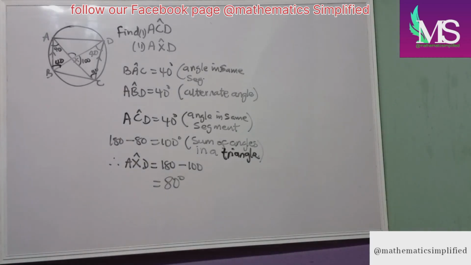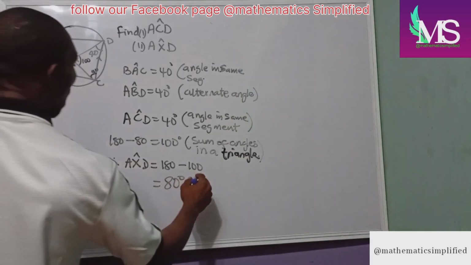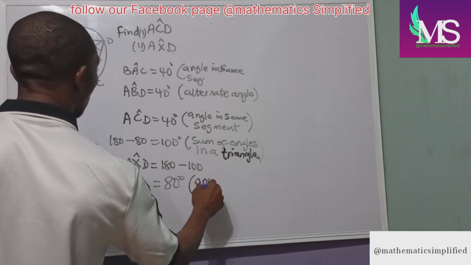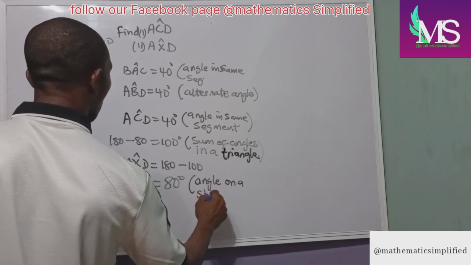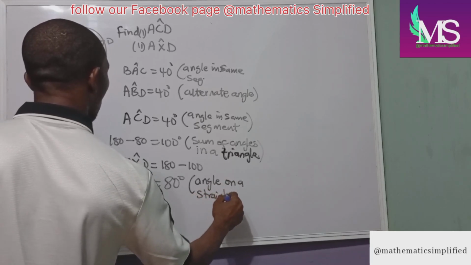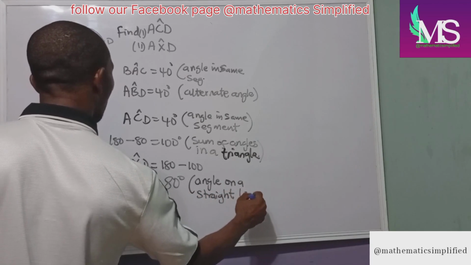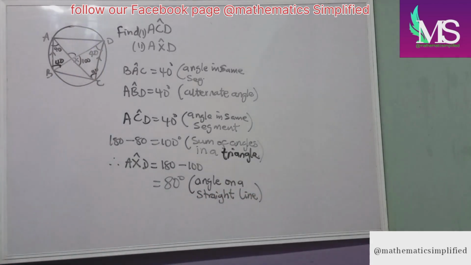Now, what's our reason there? Our reason is angles on a straight line. Okay, that will be our reason. So we have found two angles, ACD and AXD. Our ACD is 40, while our AXD is 80.